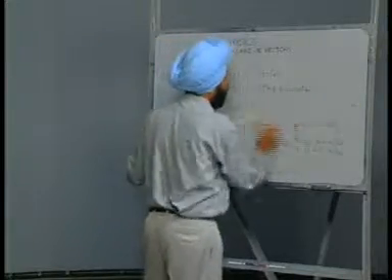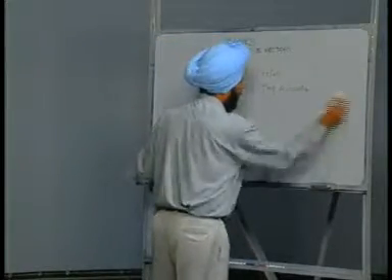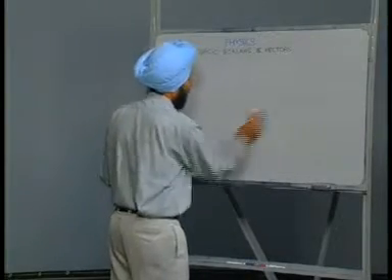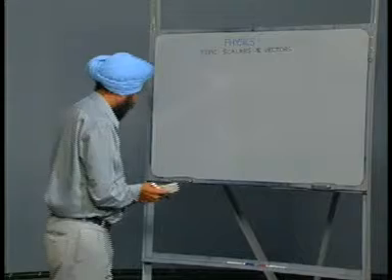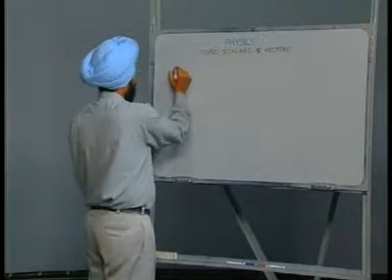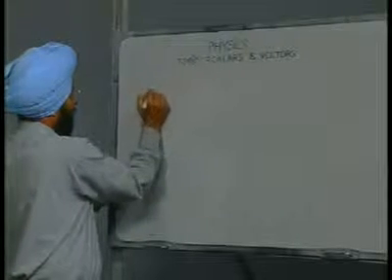Now, we will discuss various kinds of vectors. First, equal vectors.